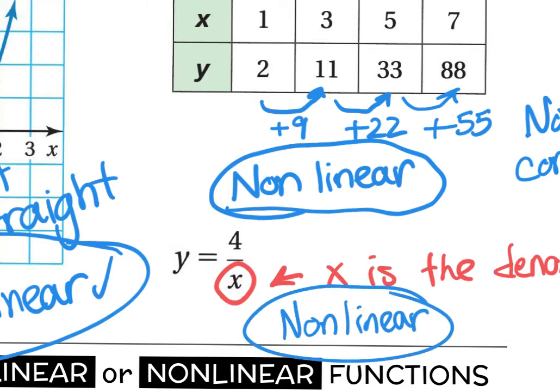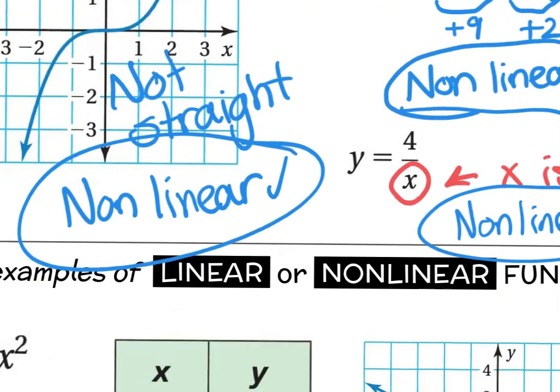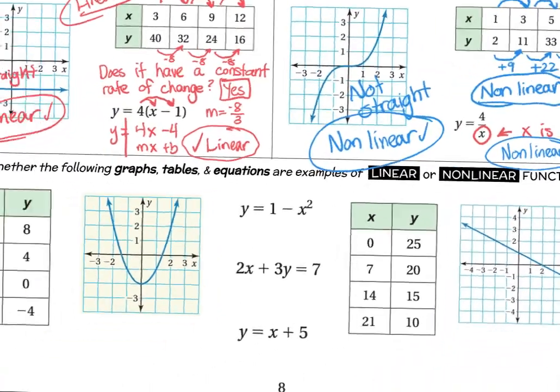So x was the denominator, so that was the problem. If x also has a variable exponent, no good. So those are some easy identifiers for linear versus nonlinear.